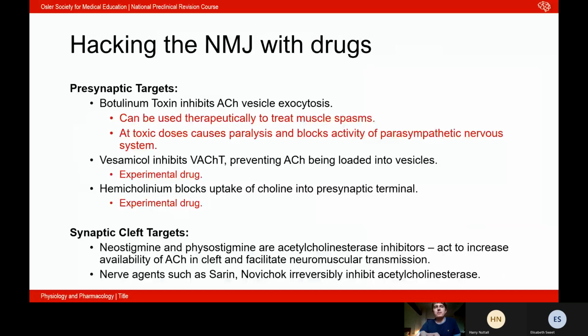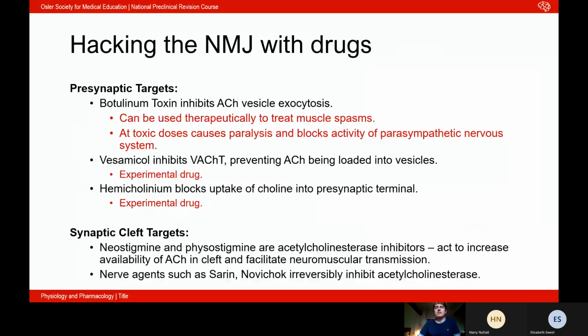So in the synaptic cleft, we've already considered neostigmine and physostigmine, which are inhibitors of the acetylcholinesterase enzyme, and so they increase the availability of acetylcholine and facilitate neuromuscular transmission when it's deficient, as in myasthenia gravis.